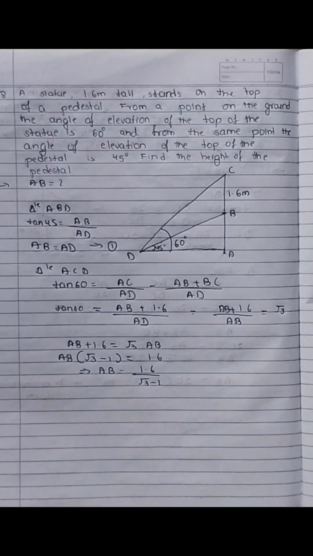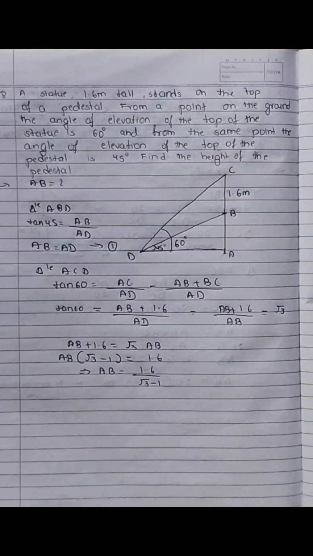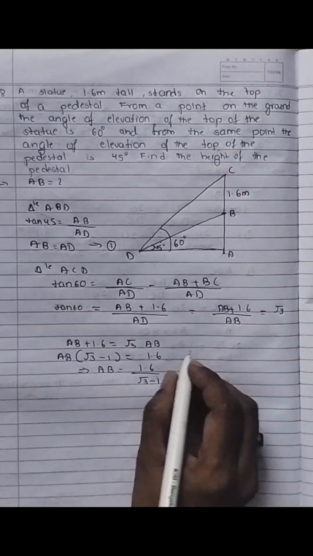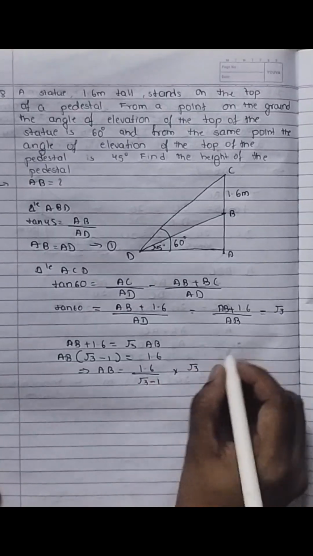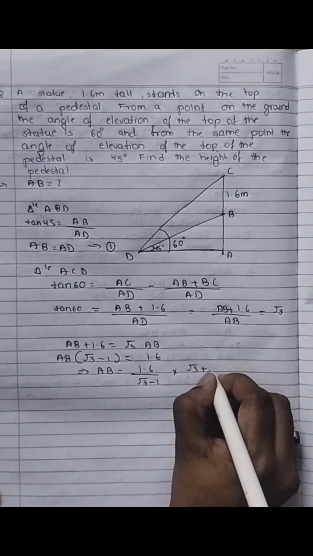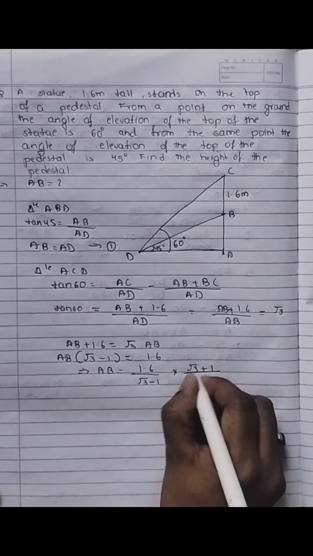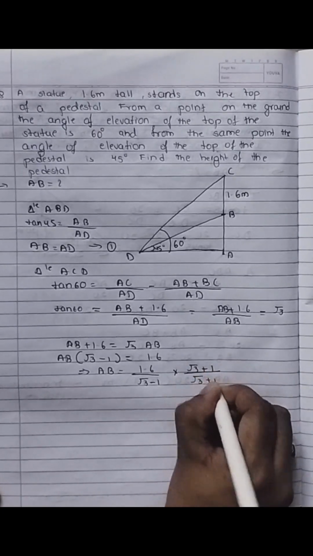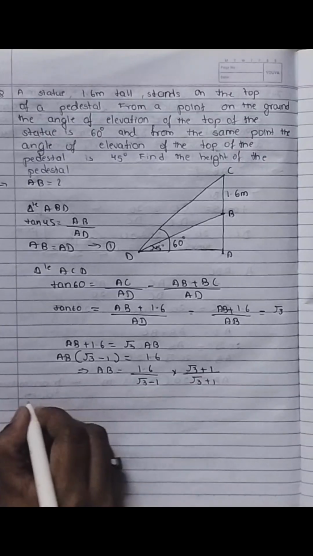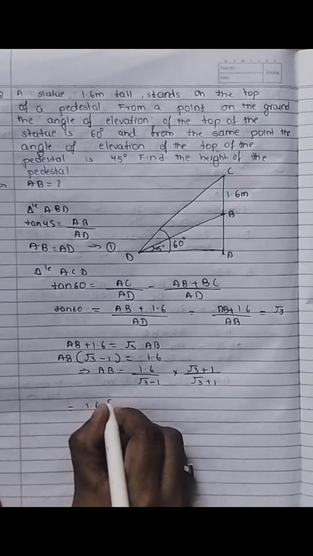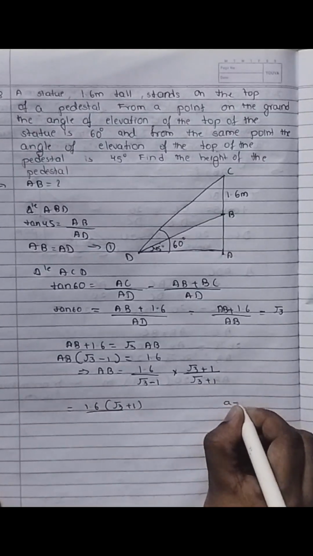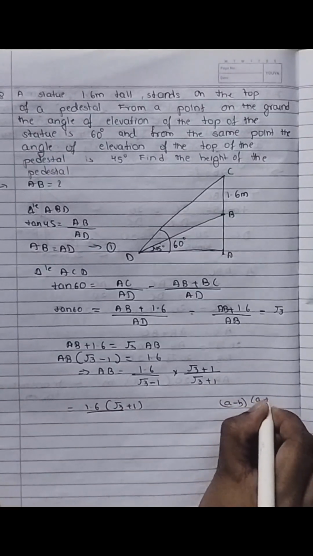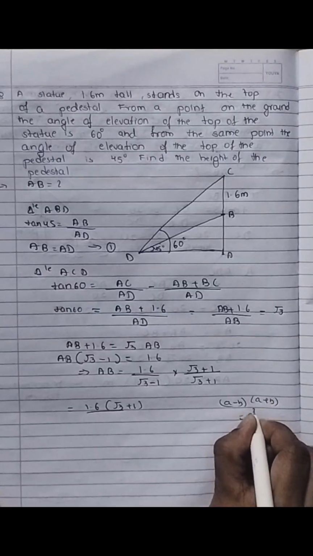What do we have to do next? If we get root 3 minus 1 in the denominator, we have to rationalize. To rationalize, we multiply by changing the middle sign. Root 3 minus 1, if we change it, will be root 3 plus 1. We have to multiply and divide by that. In the numerator, it will become 1.6 into root 3 plus 1. The denominator is in the form of a minus b into a plus b, which we know is a square minus b square.